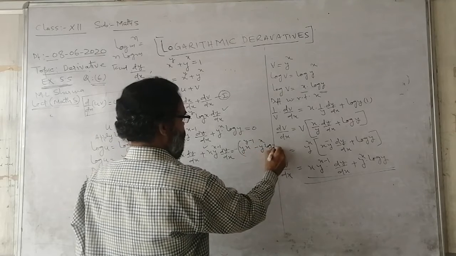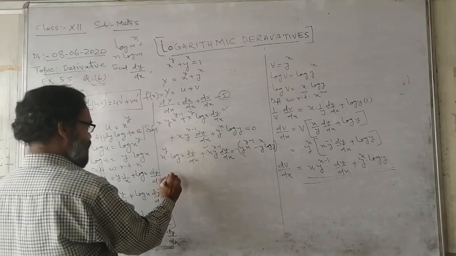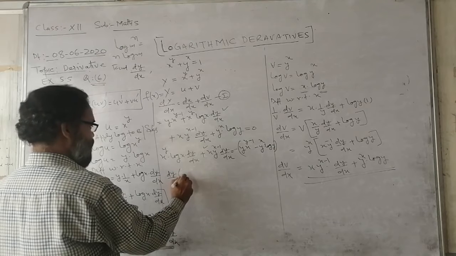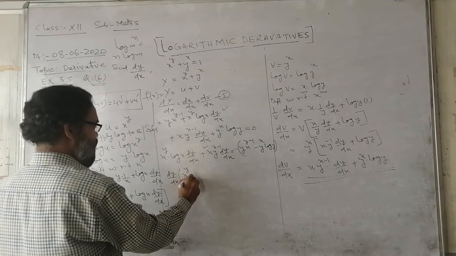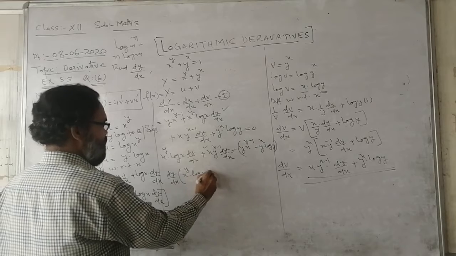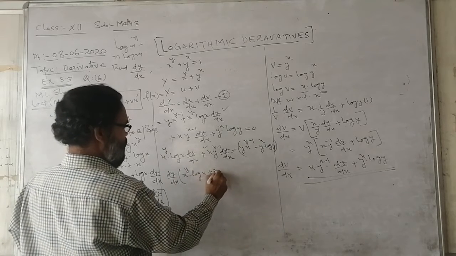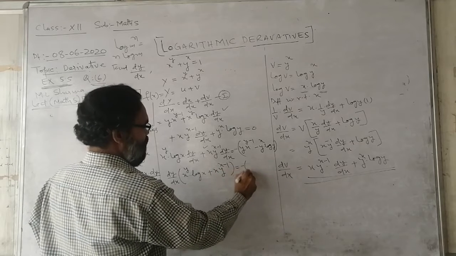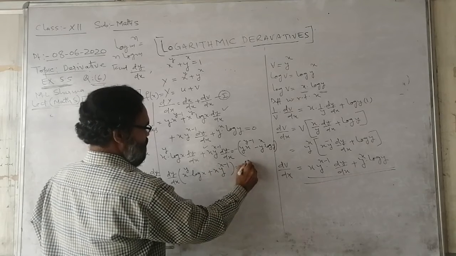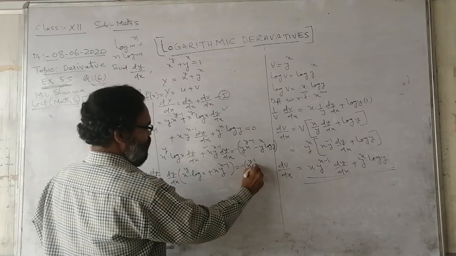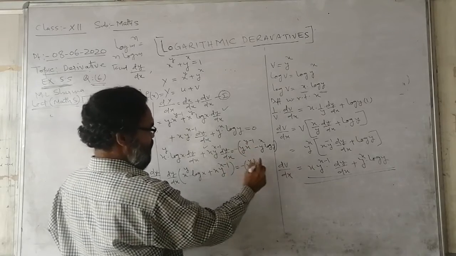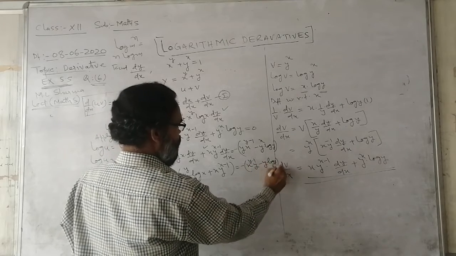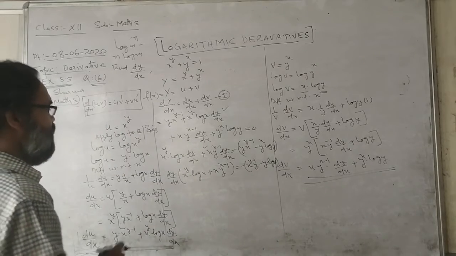log of y. So if I take dy upon dx as common, so inside I will have x raised to power y log of x plus here I will have x y raised to power x minus 1, and this is equal to x y minus 1 into y. I write the x as first, and here y into log y. So I have to find the value of dy upon dx.